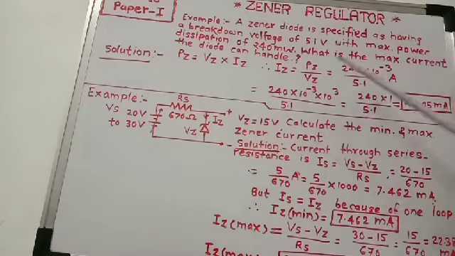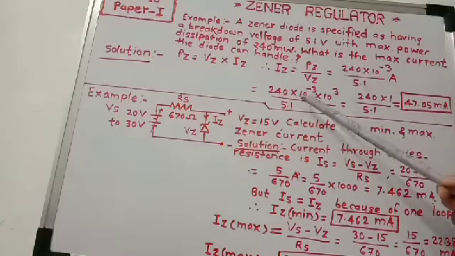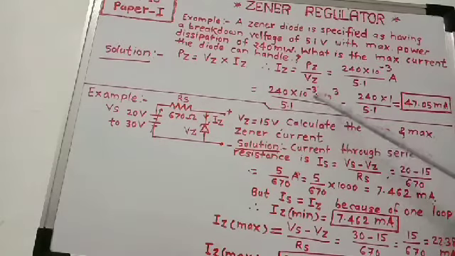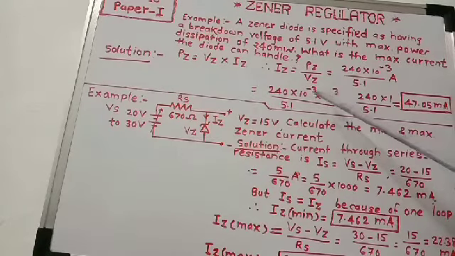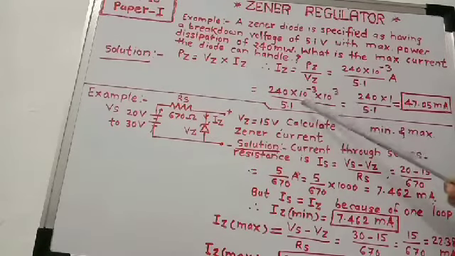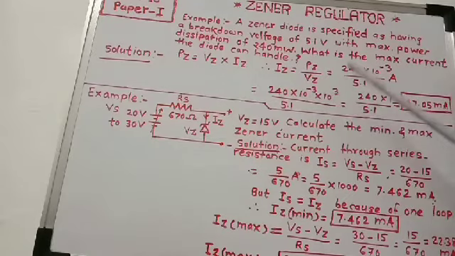So 240 into 10 raised to minus 3 divided by 5.1 into 1000, means 10 raised to 3. Now this current is converted into milliampere. So 10 raised to minus 3 into 10 raised to plus 3 is 10 raised to 0, means 1. So 240 divided by 5.1 into 1.